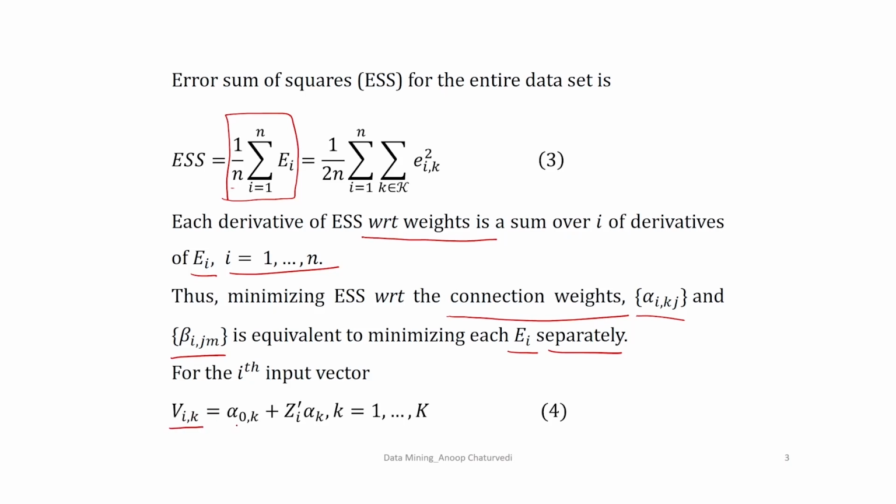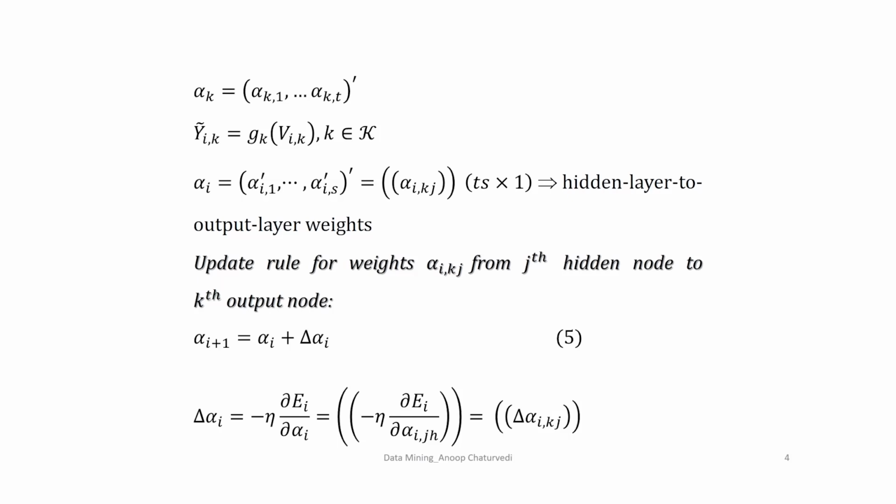V_ik is equal to alpha_0k plus Z_i transpose alpha_k, where k varies from 1 to capital K. So, when we move from the hidden node and go towards the output node, we get V_ik equal to alpha_0k plus Z_i transpose alpha_k, where alpha_k is equal to alpha_k1, alpha_k2, and so on up to alpha_kT, transpose.